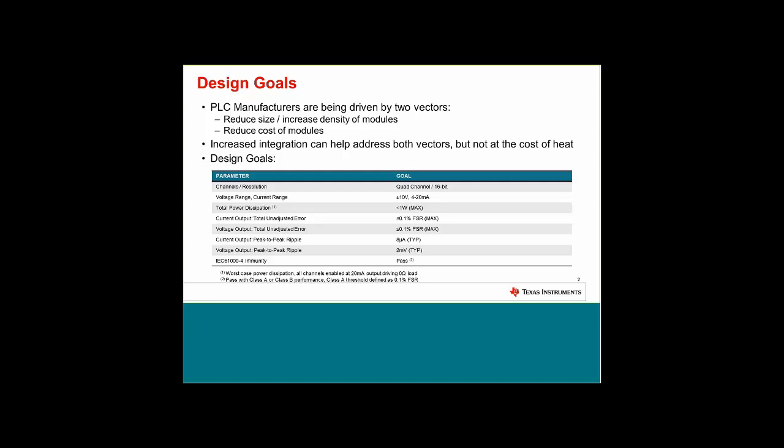And we defined that product and the reference design based on real goals from actual PLC manufacturers, which are being driven by two primary vectors: increasing the density of their modules, or if you want to look at it the other way, reducing the size of their modules, and simultaneously reducing the cost of their modules.